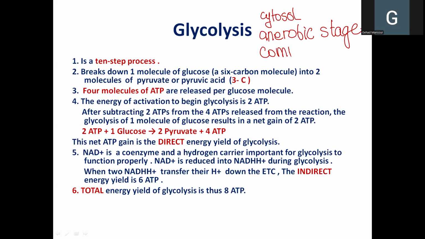So it is a common stage between them, and it consists of 10 steps, and the overall reaction is the one we have just seen on the previous slide, which is breaking down one molecule of glucose, a 6-carbon molecule, into 2 molecules of pyruvic acid or pyruvate, each of them containing 3 carbon atoms.